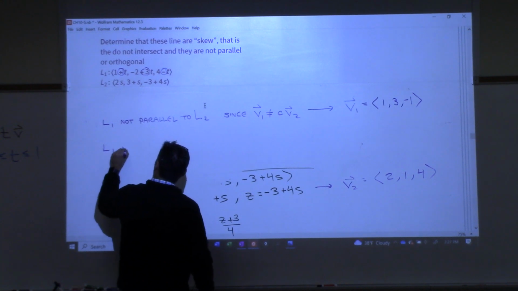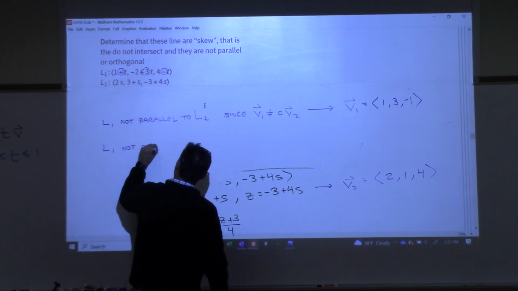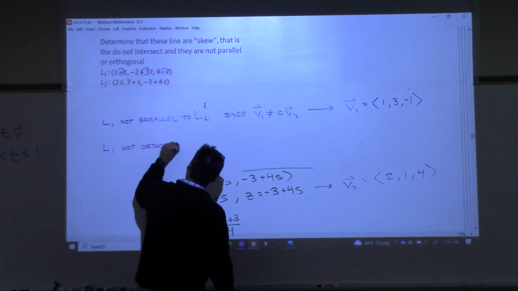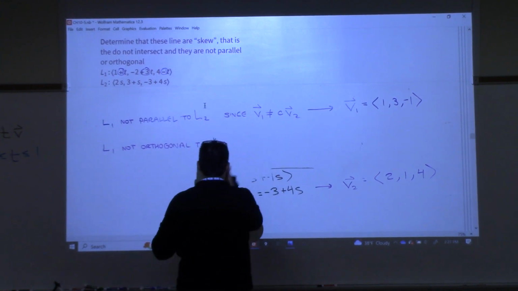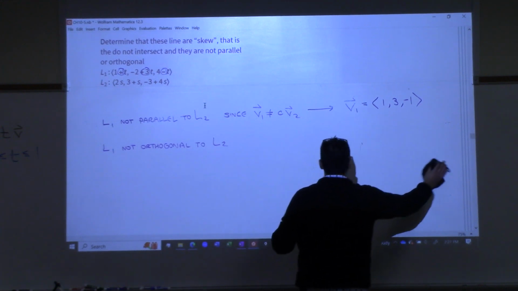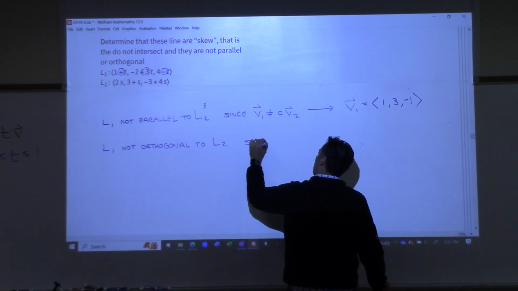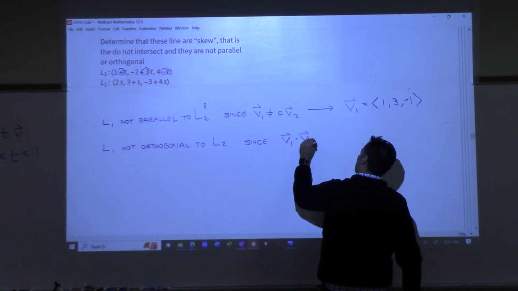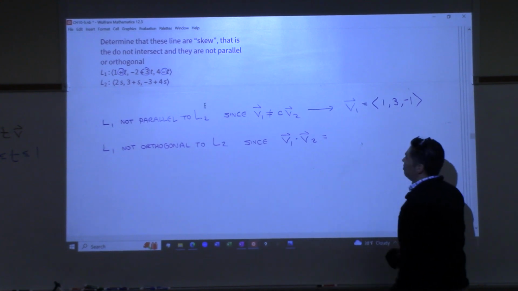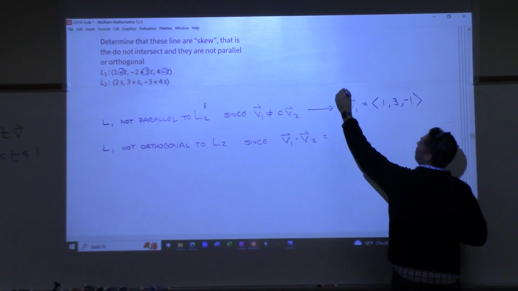L1 is not orthogonal to L2 since V1 dotted with V2 is... now I didn't do that, I just erased V2. Let me put it up here.